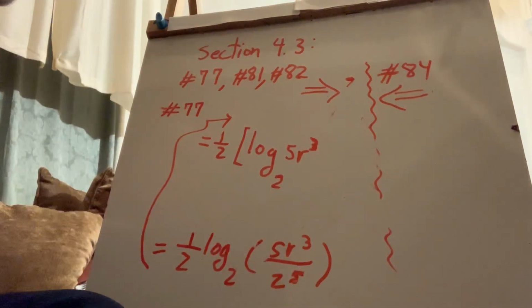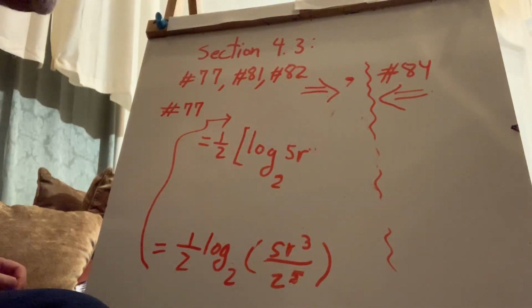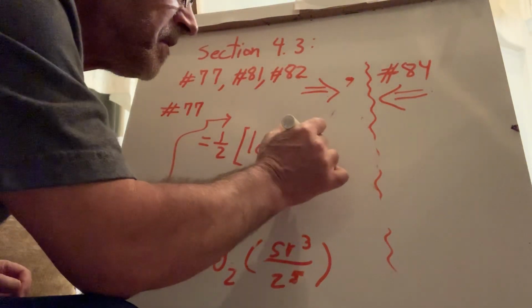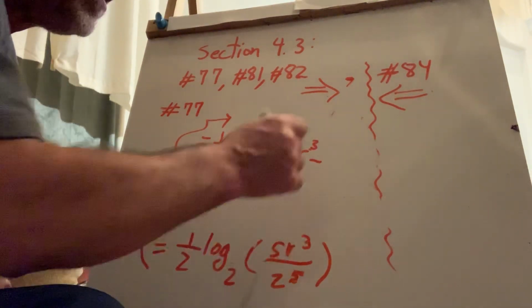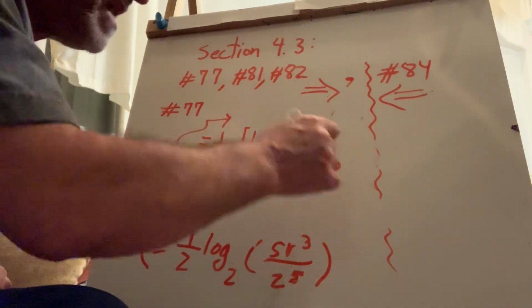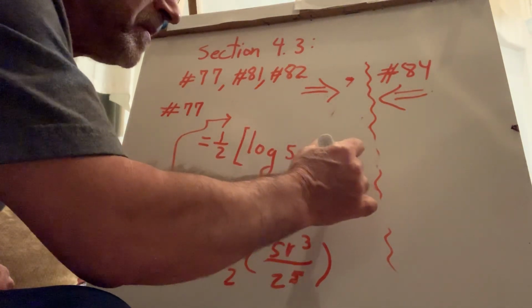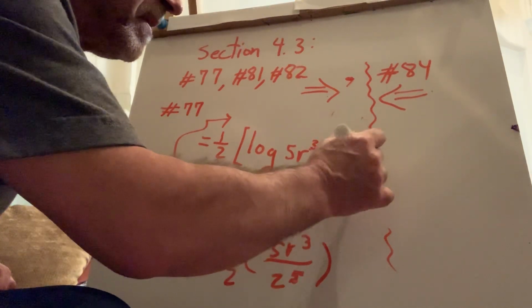Minus, as you remember, the quotient always turns into a difference between the logs: log of the top, and then minus log of the denominator. Log base 2 of z to the 5th.